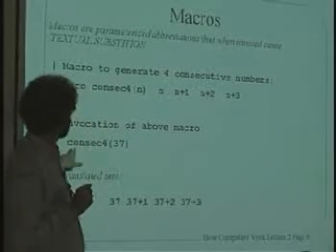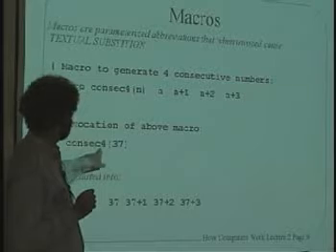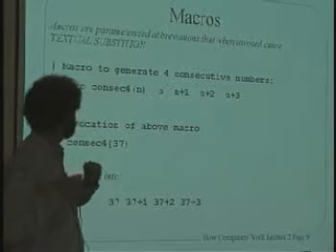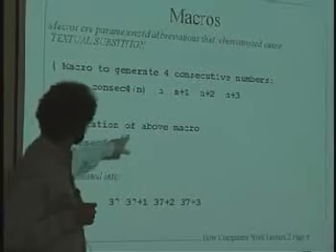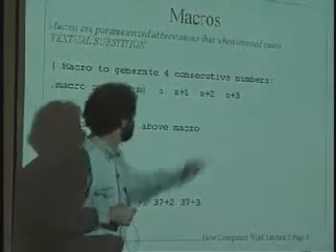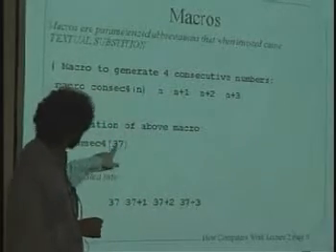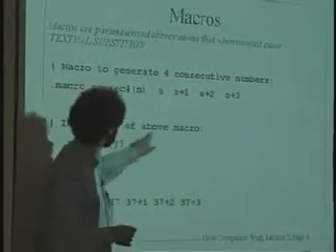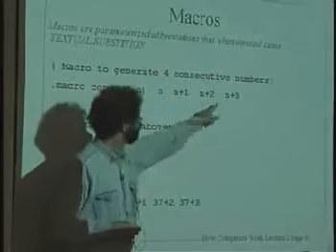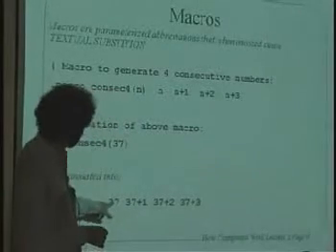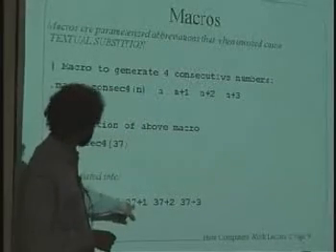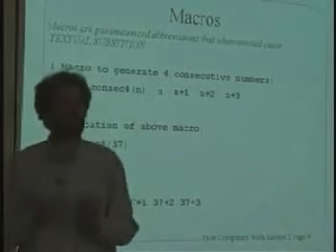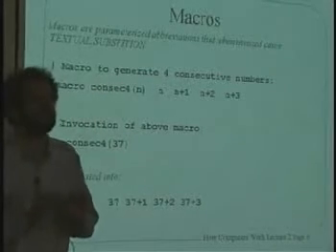Then in the future, if you put in a line that says consec4 of 37, it will, inside of itself, execute the macro and replace n, n plus 1, n plus 2, n plus 3 with the text 37 going in for each n. So what will come out is 37, 37 plus 1, 37 plus 2, 37 plus 3. It's important to understand that this is purely lexical. It's only text.